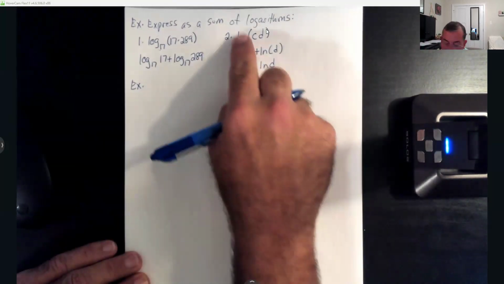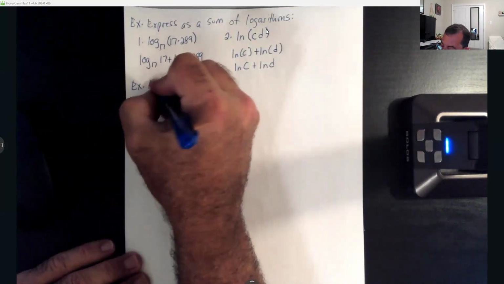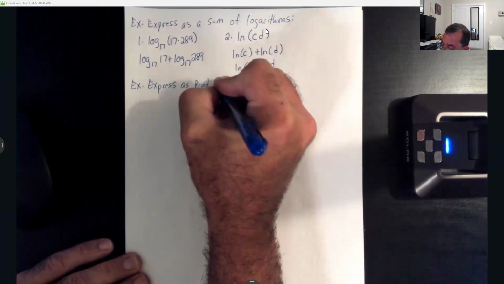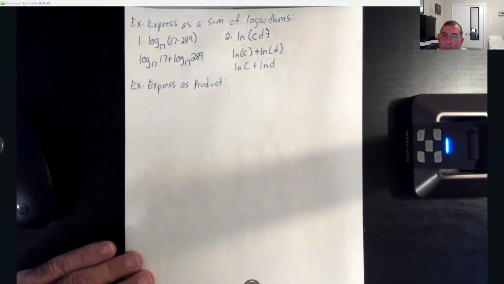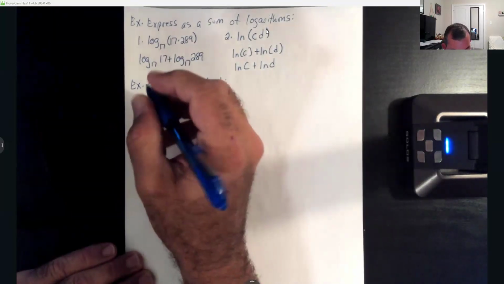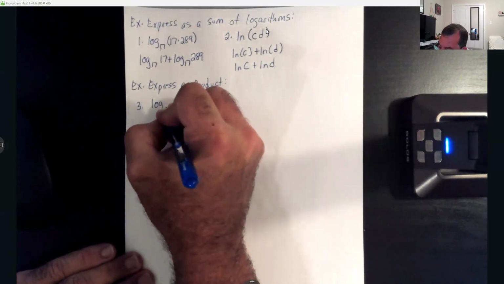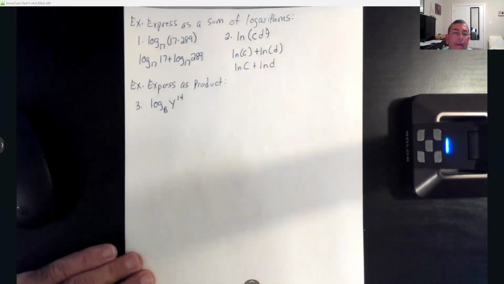And so the first two want to be expressed as a sum. The next two want me to express as a product. So this is talking about the power rule, where I ended up with a product. And remember, product means something being multiplied. So on these next two, this one is a log base B of y to the 14th.